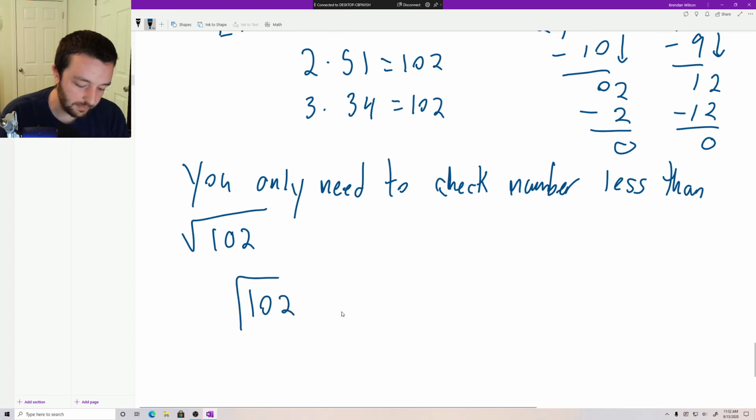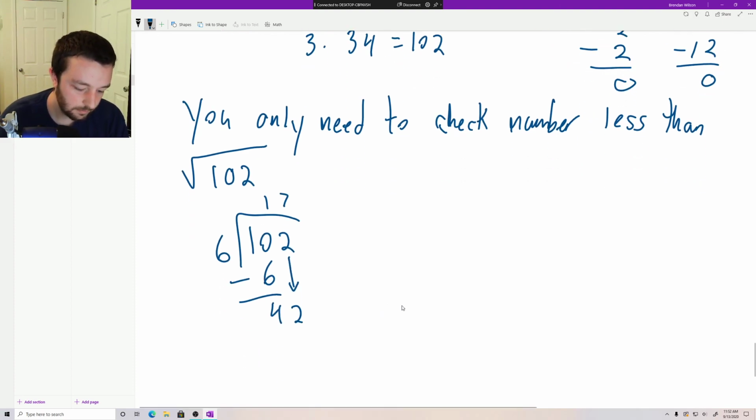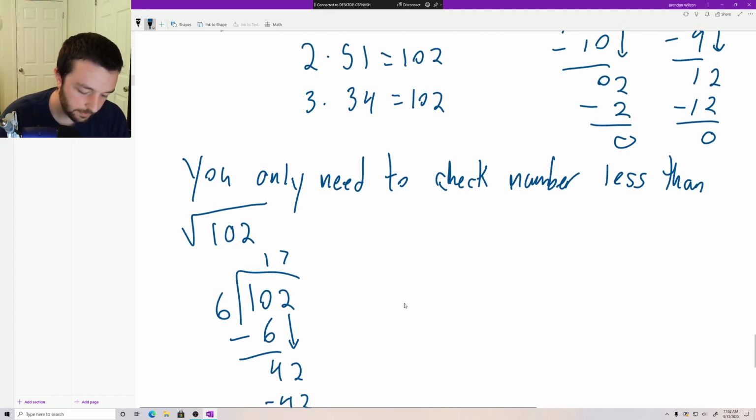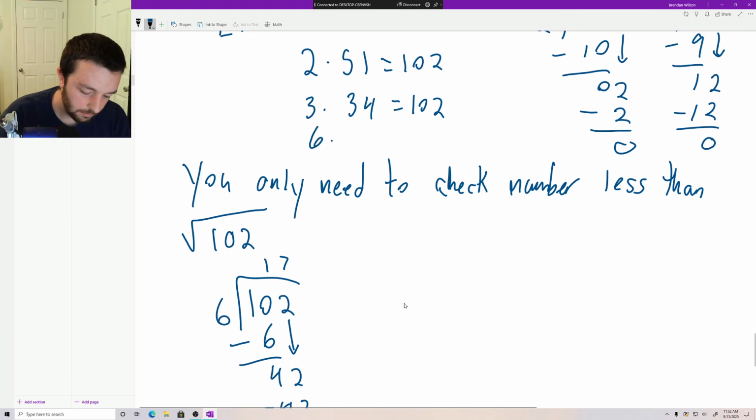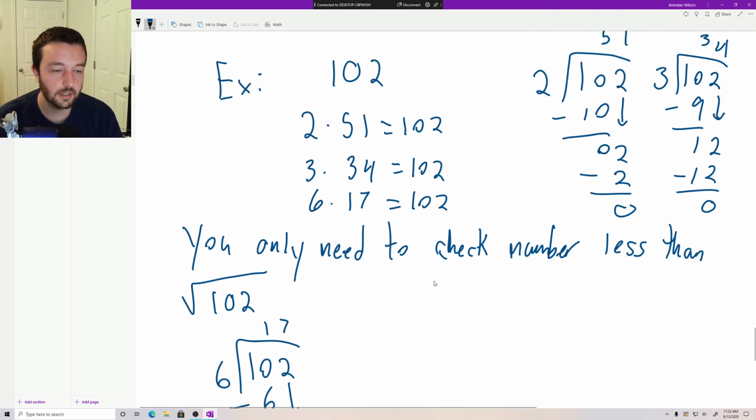So if we do 102 divided by 6, what do we get? Okay, we get 17. So we have 3 sets of factors here, 6 factors total.